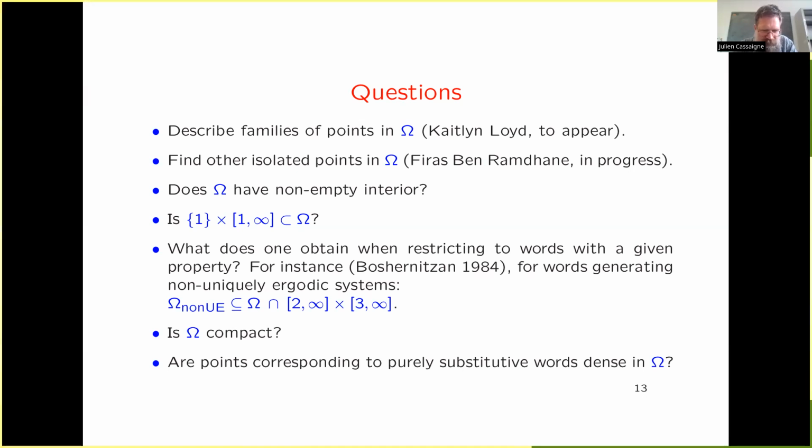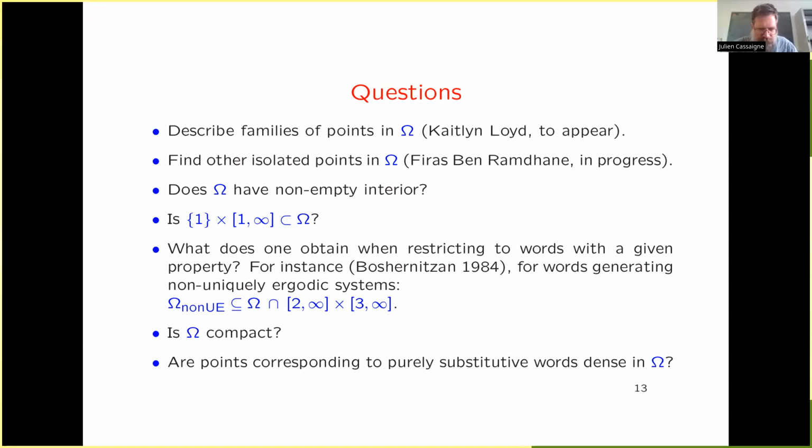But these points are obtained by purely substitutive words, a fixed point of one substitution. And it's not too difficult to compute the values of alpha and beta for such points and to describe a family of them, and actually to compute all of them. Of course, there are infinitely many, but all of them up to a certain length or something.